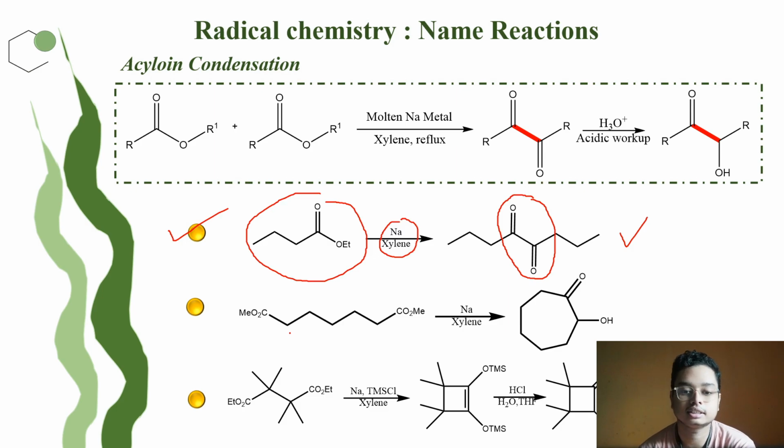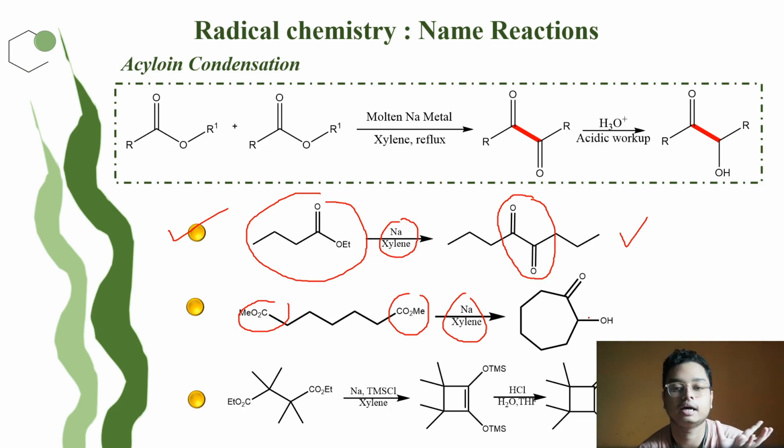Also, Acyloin condensation can go via an intramolecular pathway, where if one compound contains two different ester centers, then in the presence of sodium and xylene it will go via this pathway. Initially it will form a cyclic diketo compound, and after the acidic workup it will generate this type of compound.